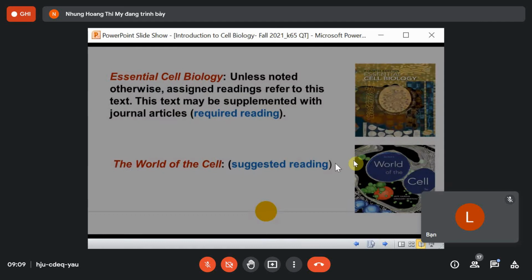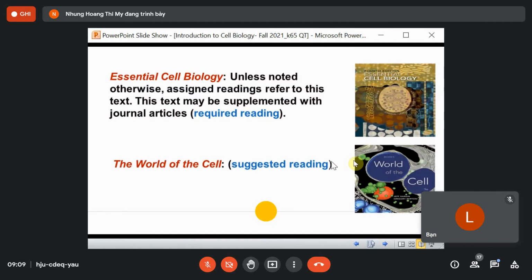For the materials of this course, I mean the books and papers and any material involved in the course, I mention here the main textbook for the course, named Essential Cell Biology. This book was set as the main textbook because it is quite easy to understand.